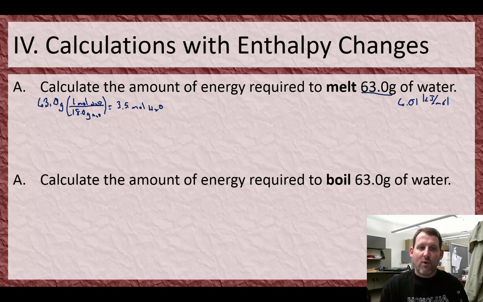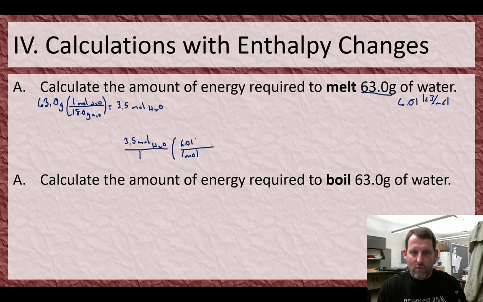Now I know that for every 1 mole, I need 6.01 kilojoules. So if I have more than 1 mole, I'm going to need more than that. So all I'm going to do here is take my 3.5 moles of H2O, and I'm going to use unit analysis this time. I want moles on the bottom, so my 1 mole goes on the bottom, and my 6.01 kilojoules go on top.